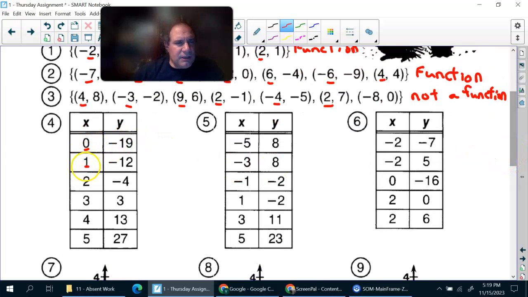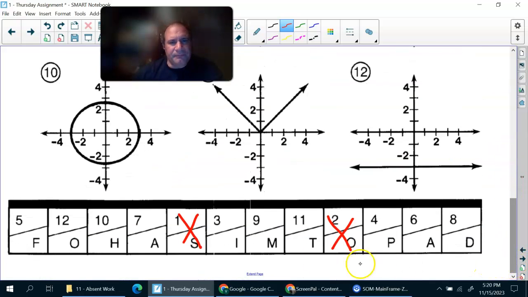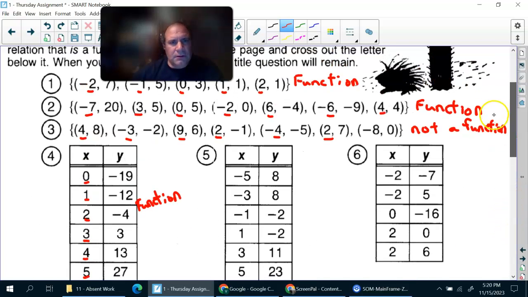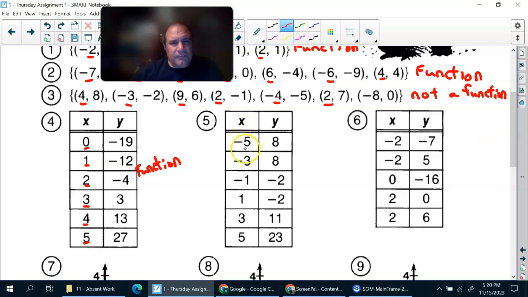So just taking a look at all of the x's, they do not repeat. This is a function. So we have to go down and cross number 4 out. Number 5, -1, 3, 5, function.